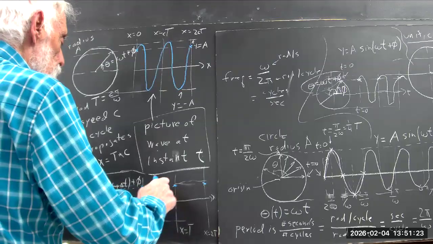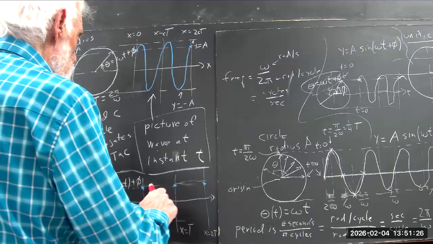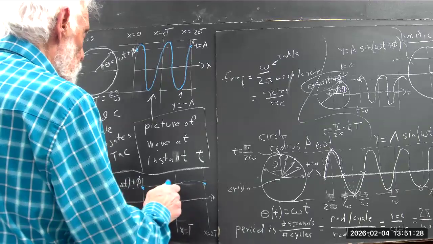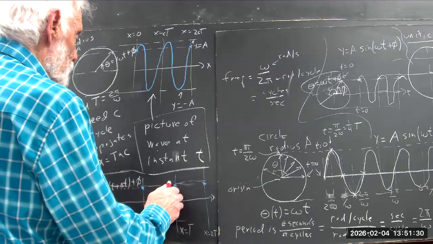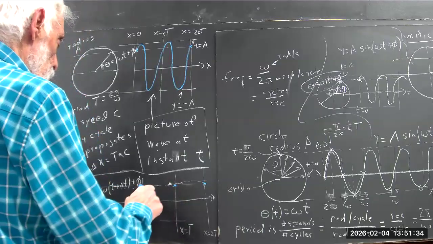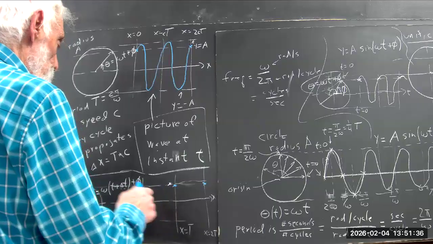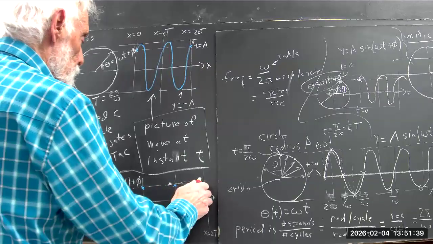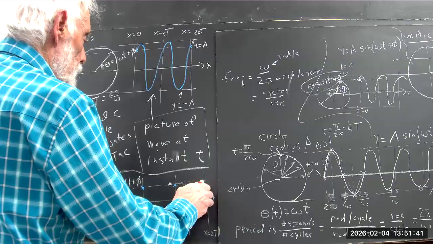It's got to come around and it's going to have to hit a peak a little ways before it hits this point. Again, if I got to do it over again, I'd redraw the diagram a little bit differently. But my peaks are going to occur here and here.